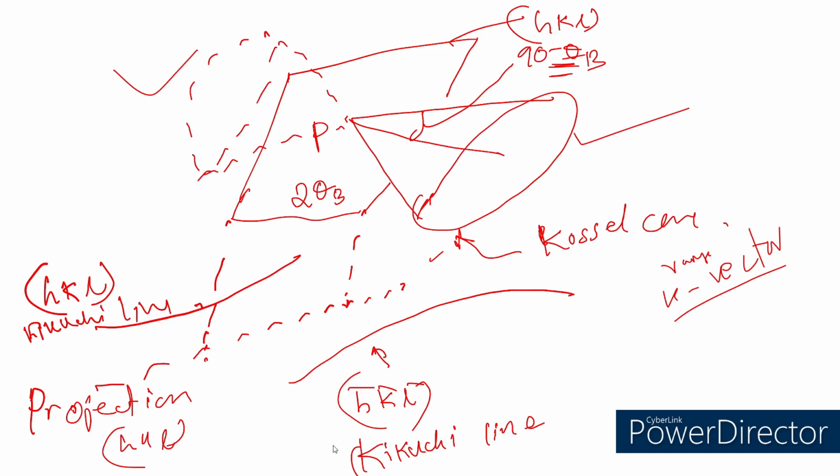For any pair of Kikuchi lines, one line corresponds to theta b and the other to minus theta b: one is the G Kikuchi line and the other is the G bar Kikuchi line.